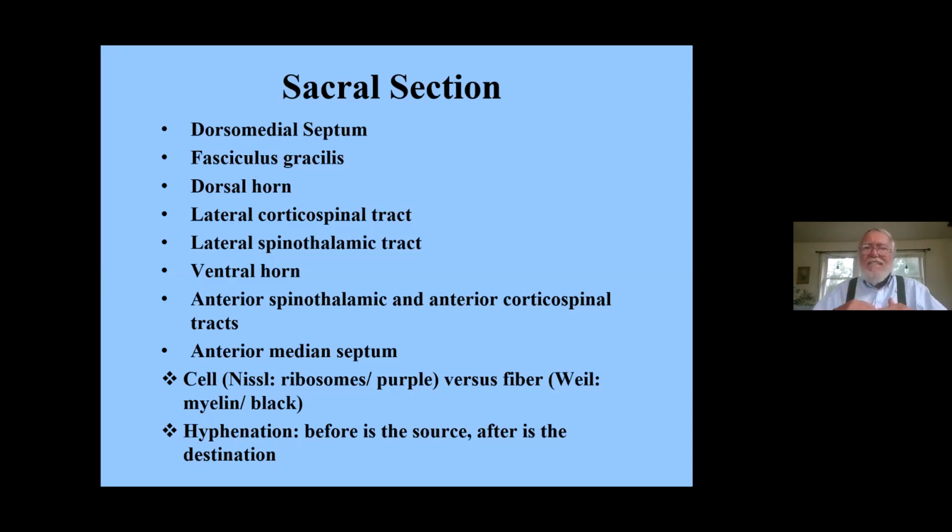Now, in these series of sections, as we move caudally to rostrally, what I'm going to be basically doing is varying the type of section you're going to be looking at. Because in all of these sections, there has been a stain to magnify a certain characteristic of the cells or fibers that are found in that stain.